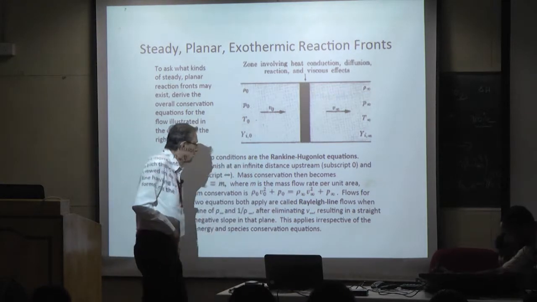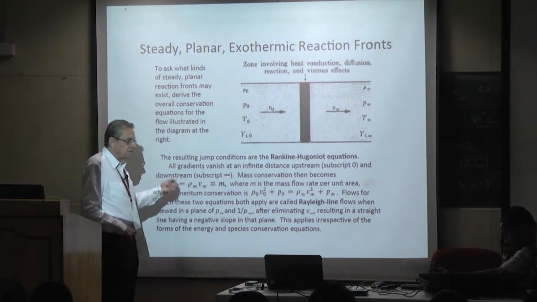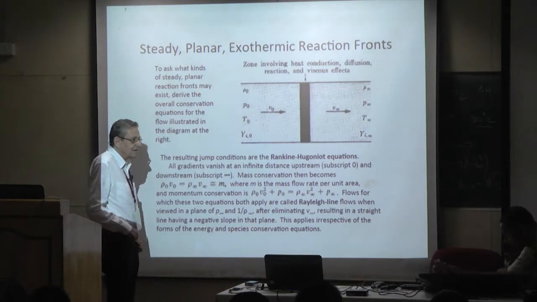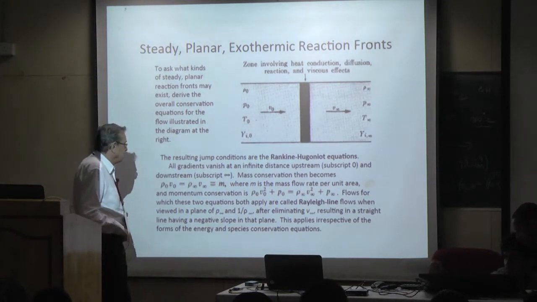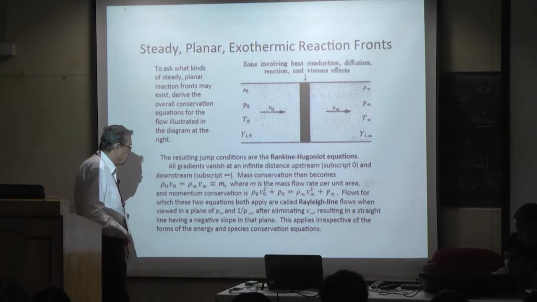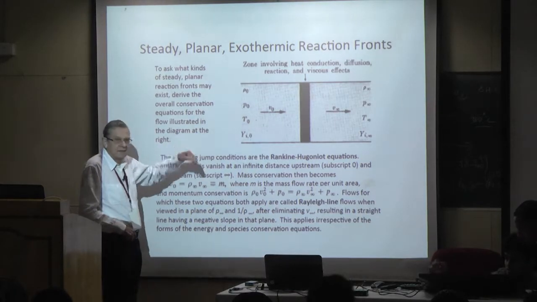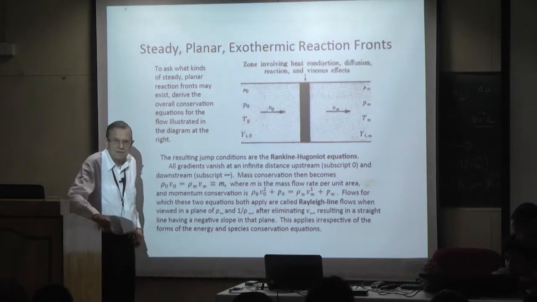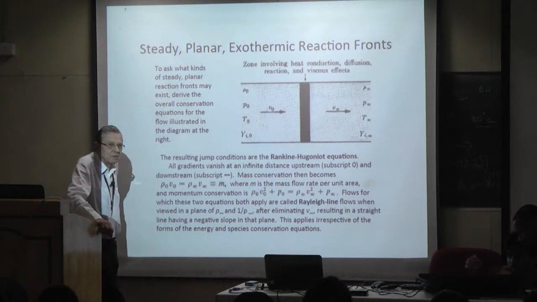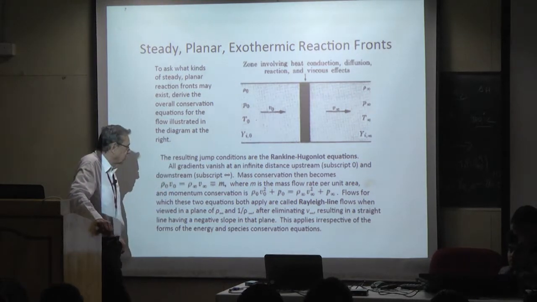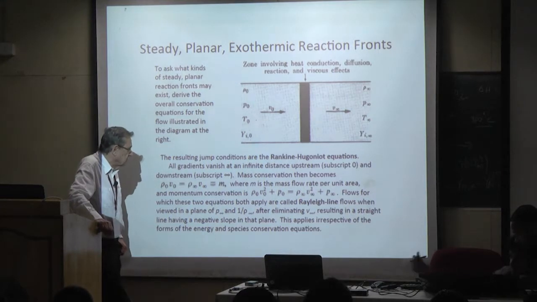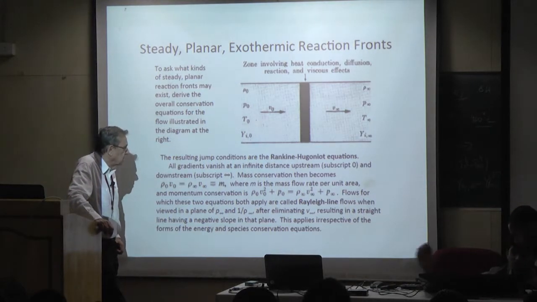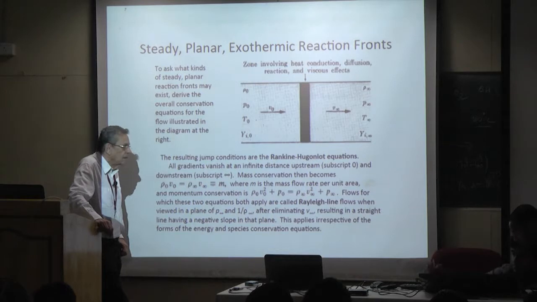That is Rayleigh line flow. From these two equations, you can construct a straight line in the PV diagram, the Rayleigh line. The Rayleigh line has different shapes in different diagrams, as you know, but it'll be a straight line of negative slope in a PV diagram.